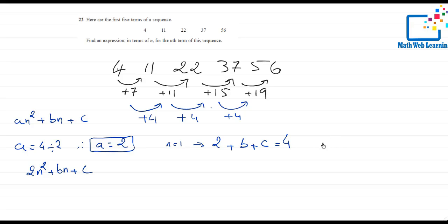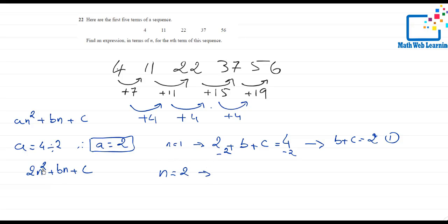So that gives me b plus c is equal to, you do minus 2 both sides, 2. That's my first equation. I've got 2 unknowns, 2 numbers to work out, so I need to have 2 equations to solve, simultaneous equations. Let's do another one. You don't need to go far, just n equals 2, and then plug 2 in here.